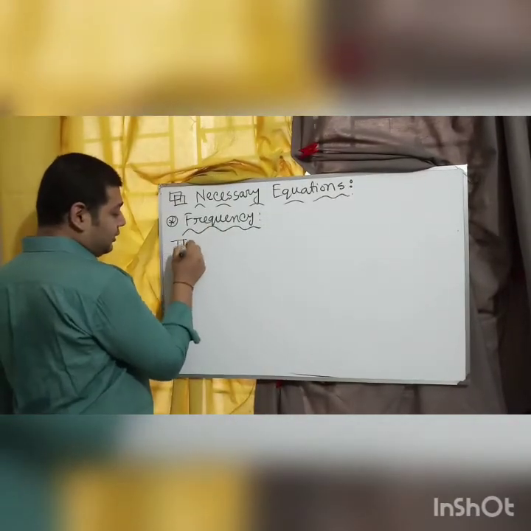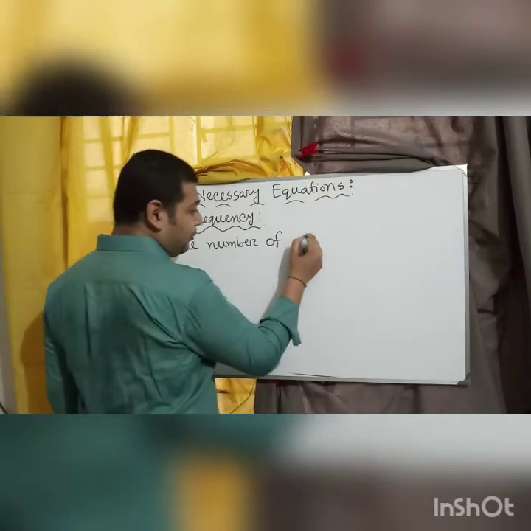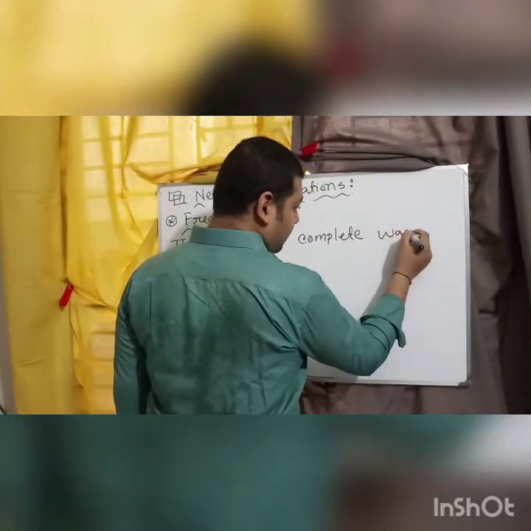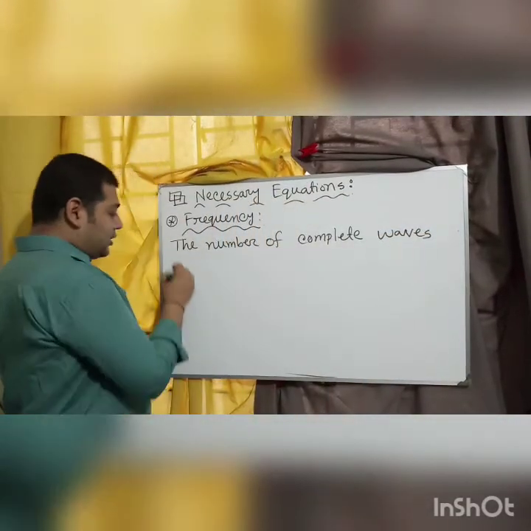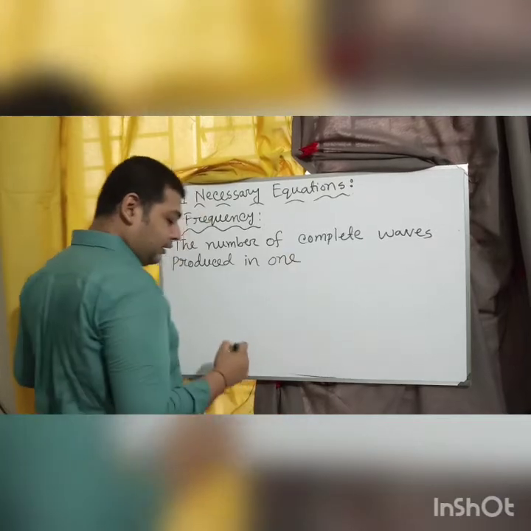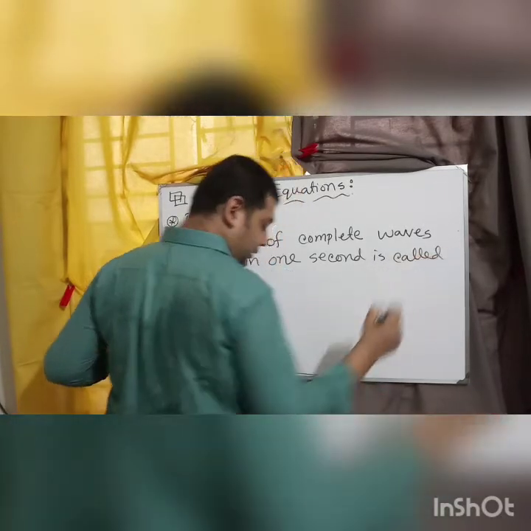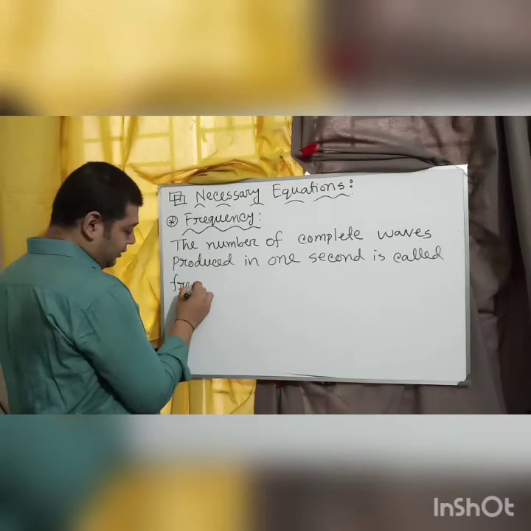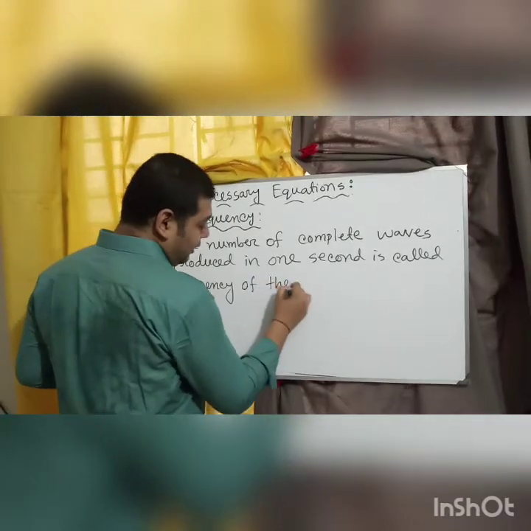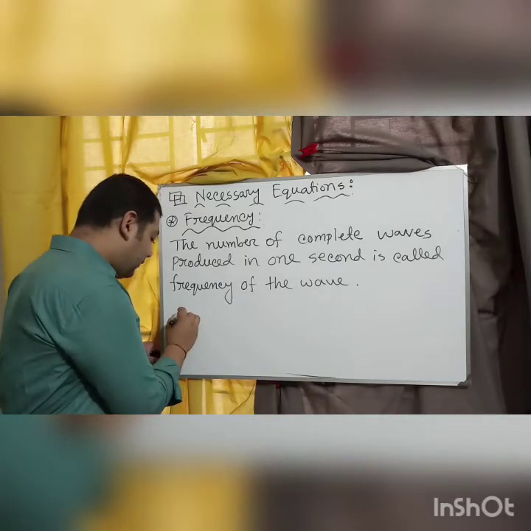The number of complete waves produced in 1 second is called the frequency of the wave, and the frequency is denoted by f.